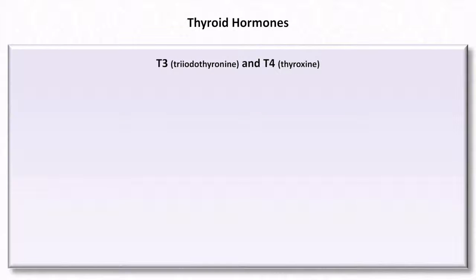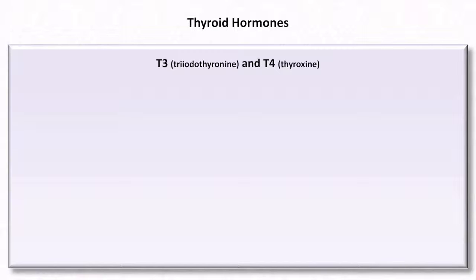Next, let me talk about the true thyroid hormones, that is, those hormones which are actually synthesized and released by the thyroid gland. They are almost universally called T3 and T4, though formally are triiodothyronine and thyroxine.